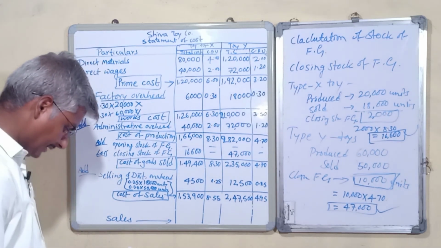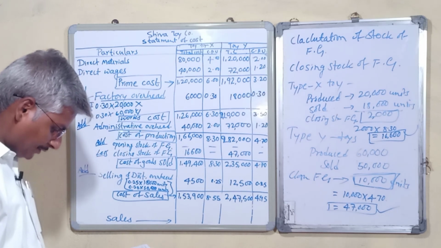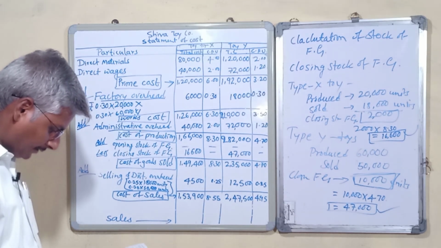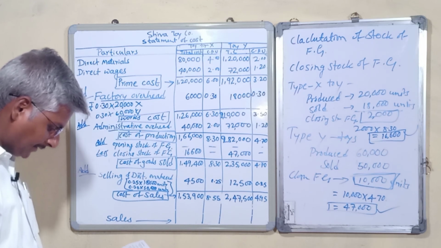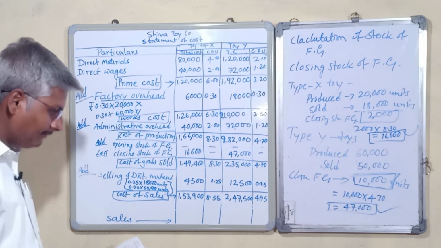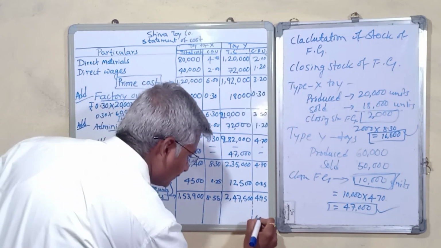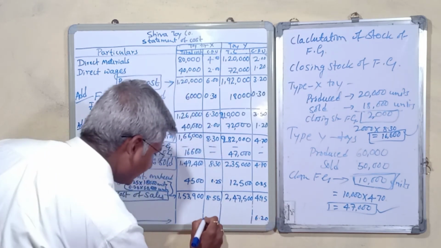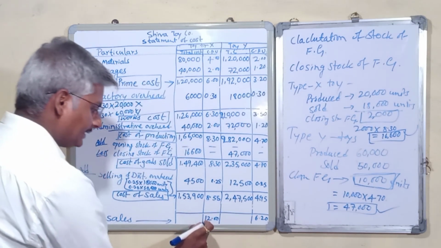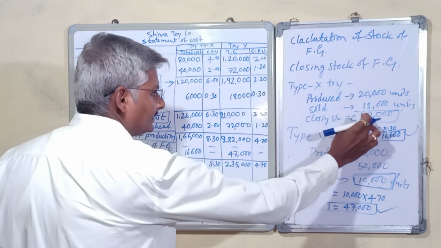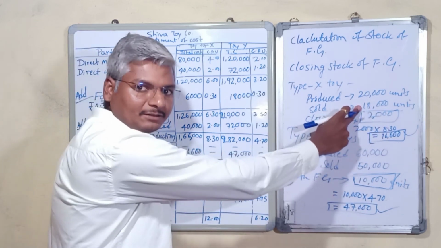Regarding sales, they have mentioned selling prices were 12 rupees per toy of type X and 6 rupees 20 paisa per toy of type Y. So I will write it here, 12 rupees for only 18,000 units, we have sold only 18,000 units.